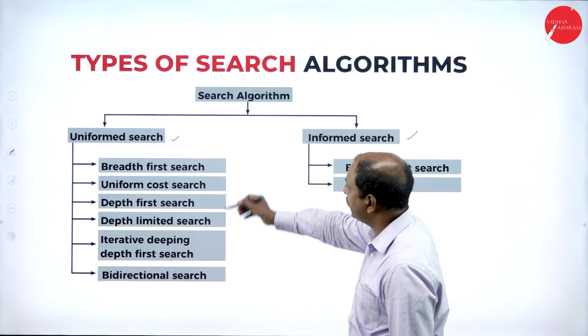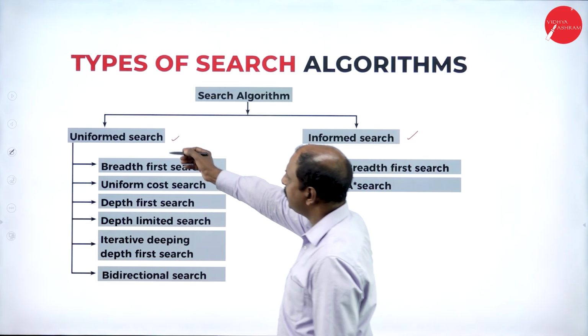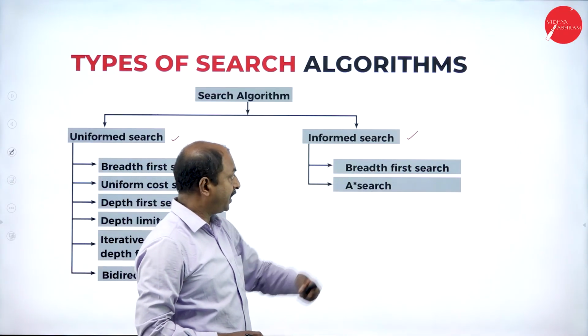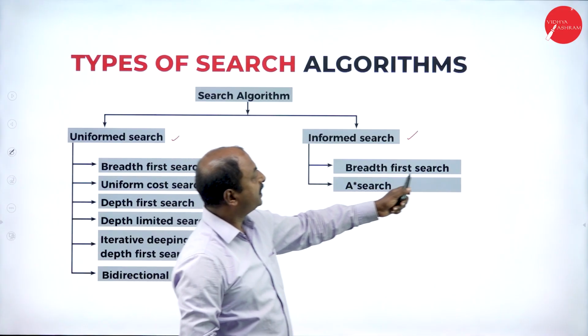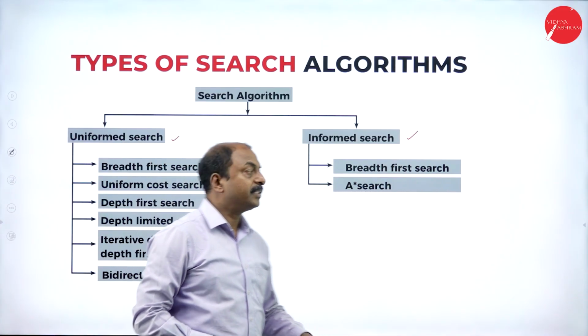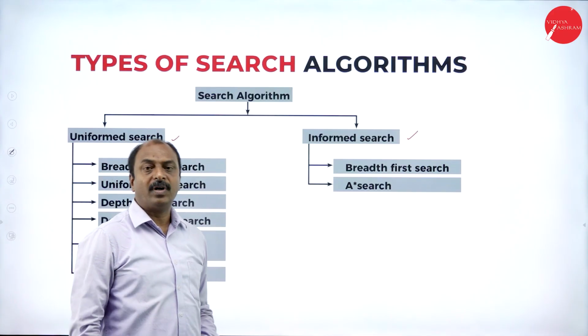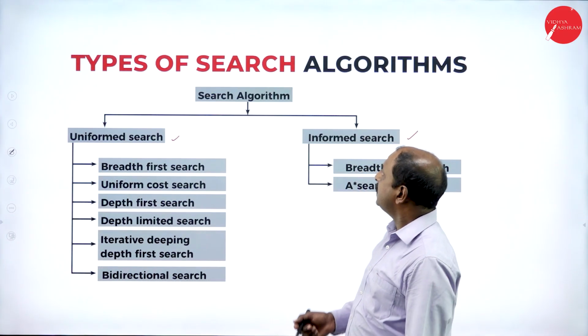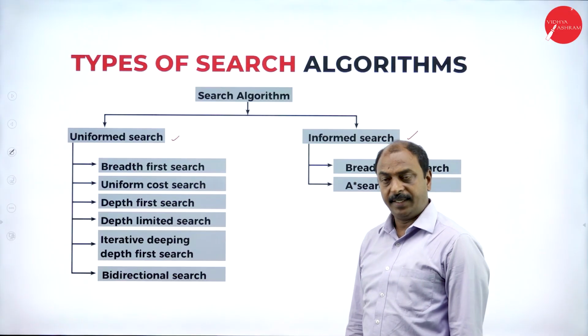In informed search, the first is best first search, and the second one is A star search. So these are the different types of search algorithms in AI.